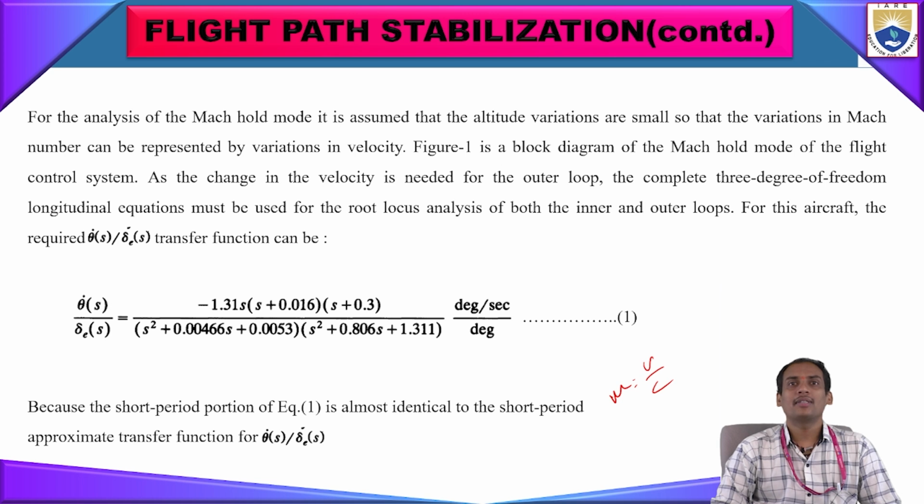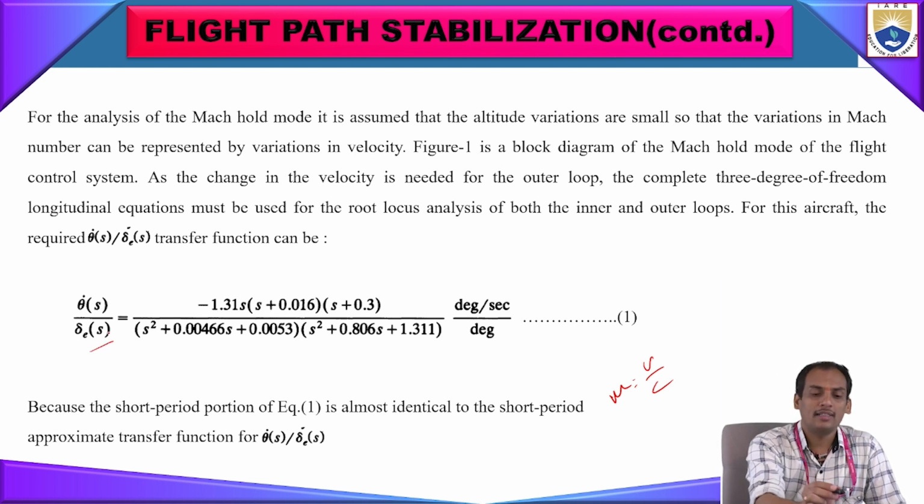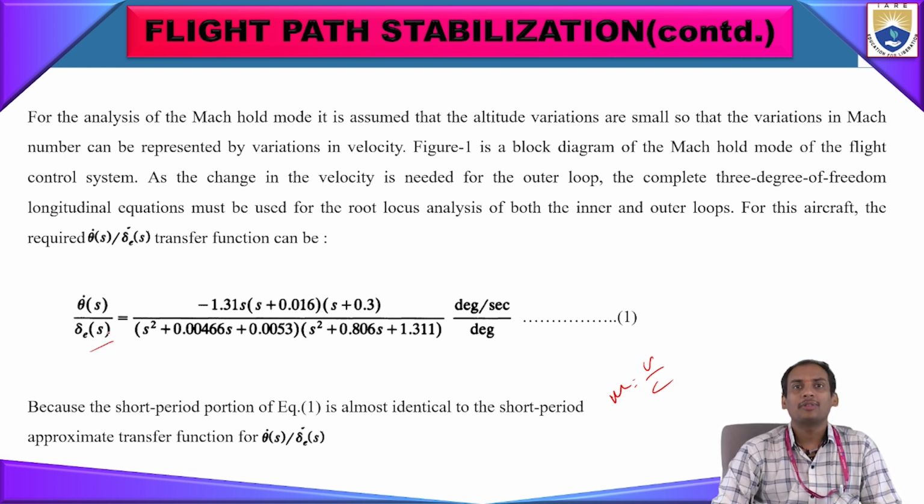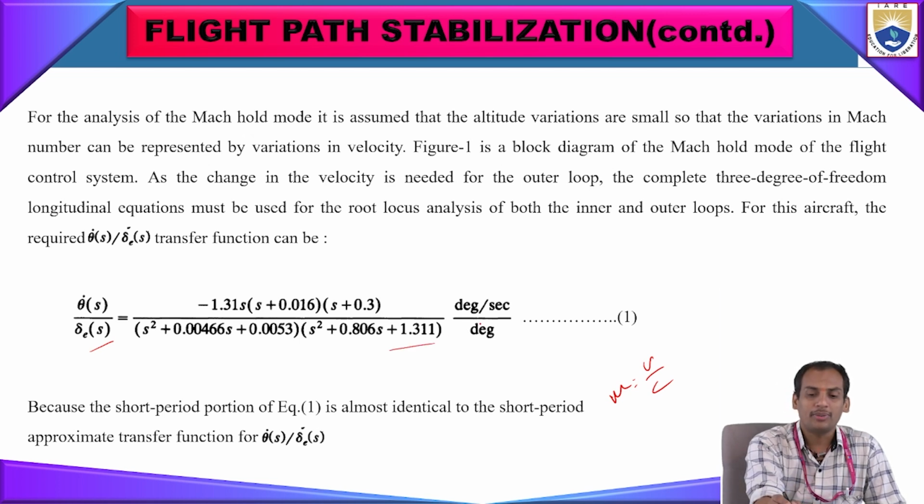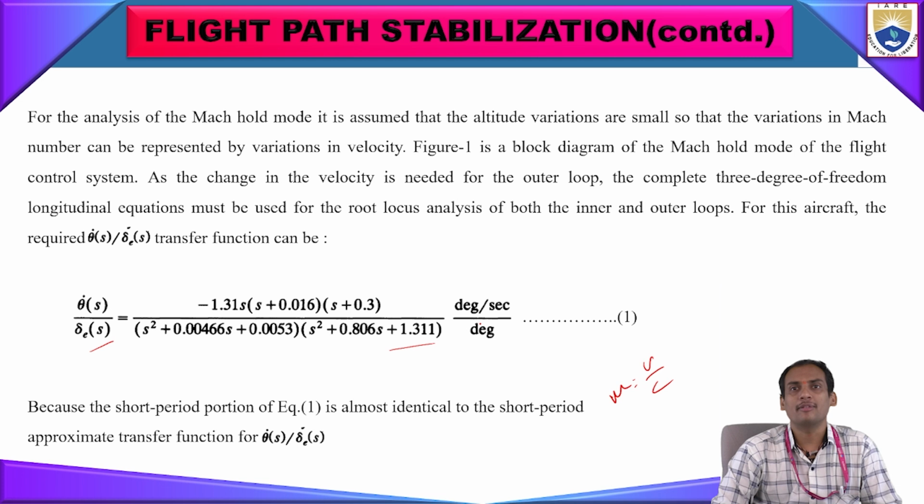So for the aircraft, the transfer function for Mach hold will be like what? Theta dot s by delta e s will be equal to minus 1.31 into s into 0.016 into s into 0.3 by s square plus 0.00466 s plus 0.0053 into s square plus 0.86 s plus 1.31 degree per second per degree.